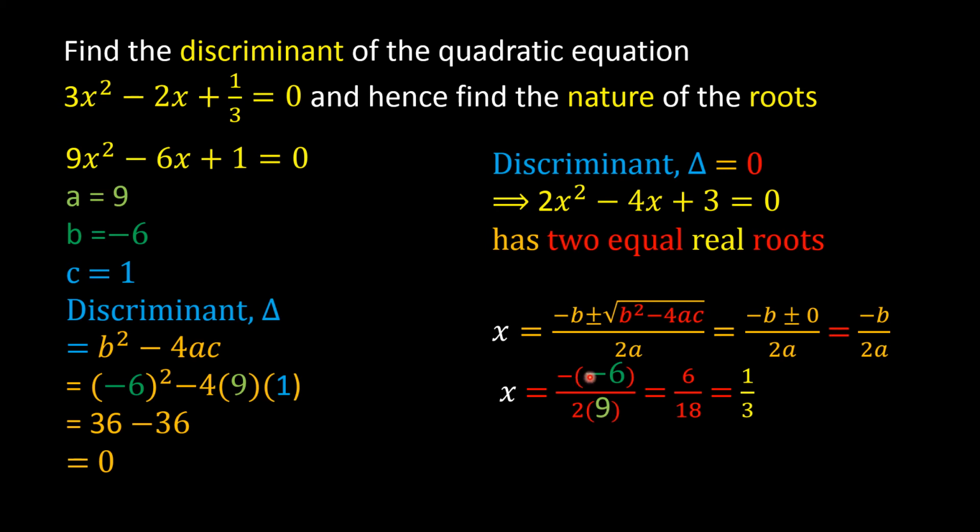Minus of minus 6 will be 6, 2 multiplied by 9 will be 18, 6 3s are 18, so x will be 1 divided by 3. Even though we have got one root here, we will write 1 divided by 3 and 1 divided by 3 are the two equal roots of this quadratic equation.